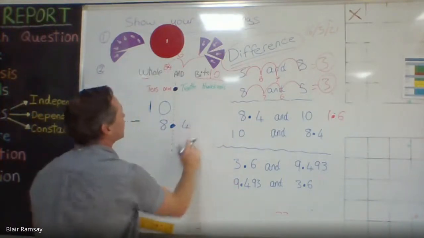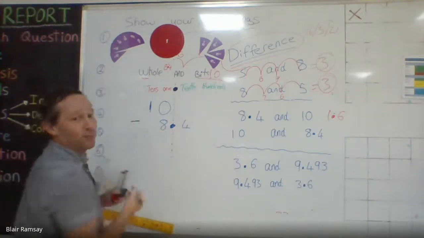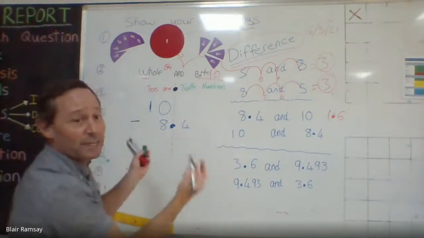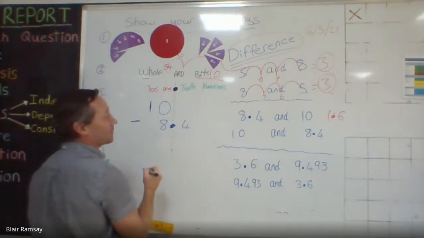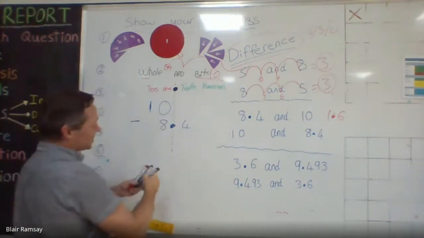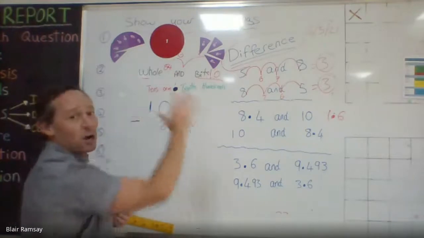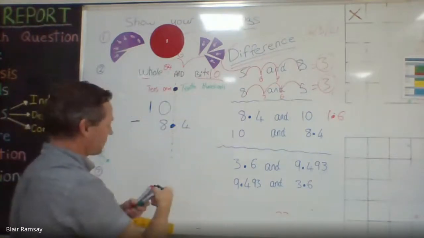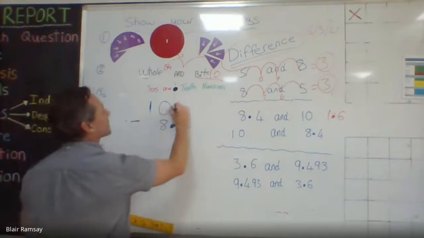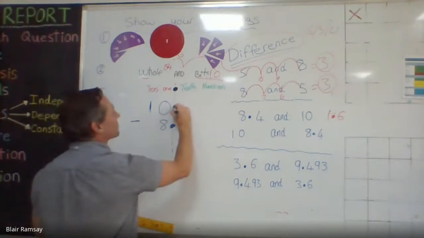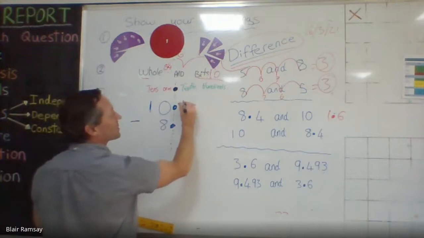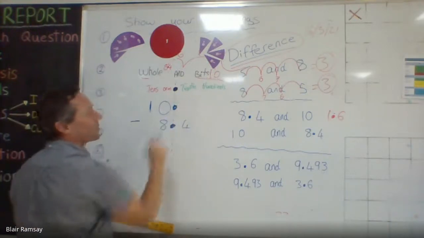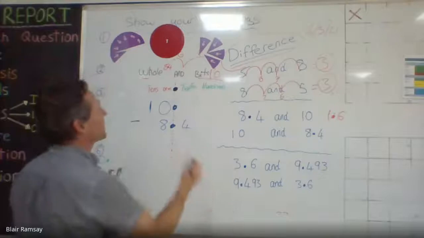So in this case, I have 8.4, which is really saying 8 whole pizzas and 4 slices out of 10. To help me do this, because this one is 10 wholes, I'm going to add a decimal point. What digit do you think I will put above the 4? 0. Why would I do that?